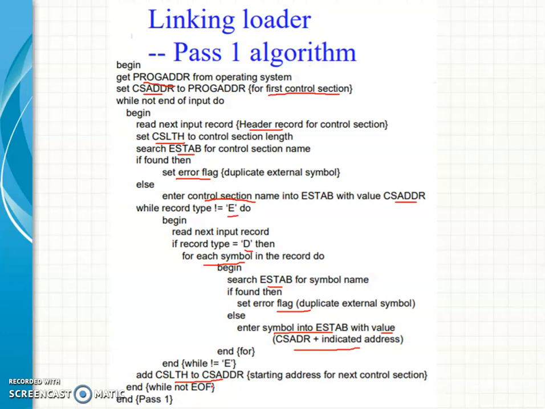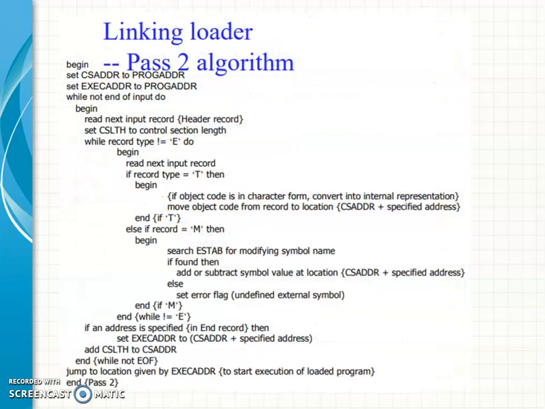This whole process is done in the one pass algorithm in the linking loader. And in the case of two pass, you will be setting the CSADDR and EXECADDR to the program address, and the control section length from the header record will be stored into the variable CSLTH.